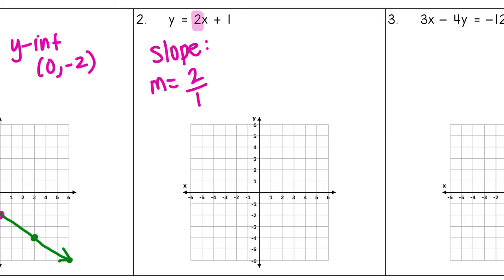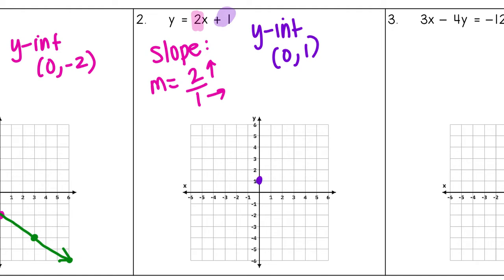Okay, now it's positive, so it's going to be going up 2 over 1. Okay, the last number in the equation, positive 1, that'll be our y-intercept. So (0, 1). So let's graph that first.